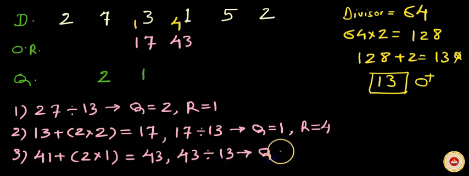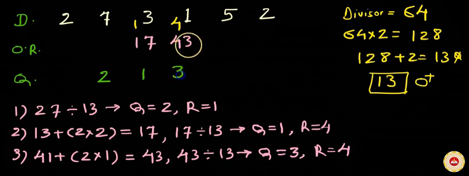So quotient is 13 threes are 39. That means quotient is 3 and remainder is 4. So write quotient 3 below 43 and remainder 4 as a prefix to the next digit in the dividend, which is 5. Now read this as 45.